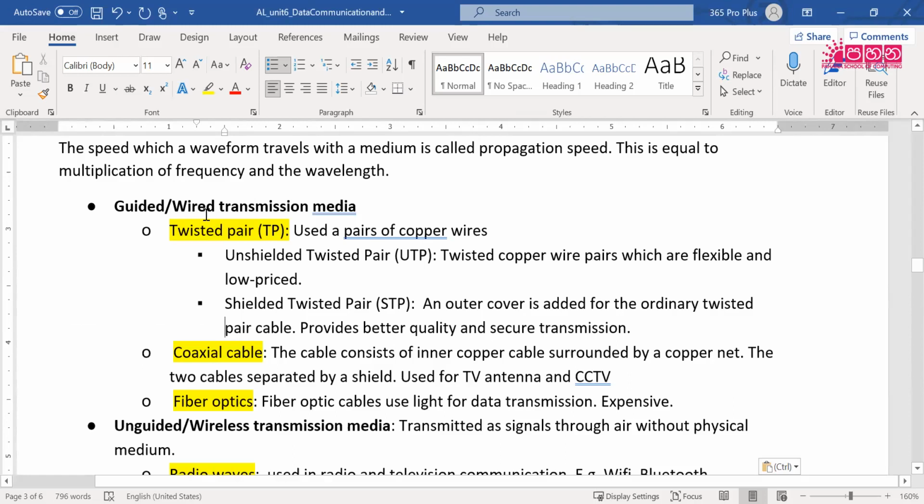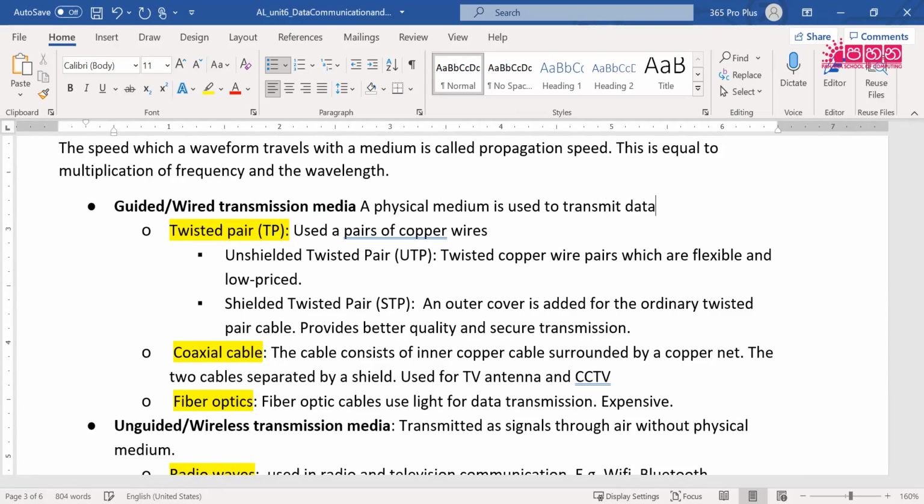In guided transmission media, a physical medium is used to transmit data.